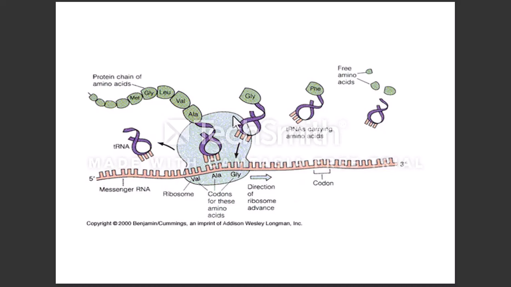The next codon also attracts another specific tRNA that contains a specific amino acid for the codon itself, and the ribosome helps to fix them in place so that the enzyme can bind them together. At the end, the empty tRNA leaves the ribosome, and the amino acid is added onto the peptide chain, the polypeptide chain.